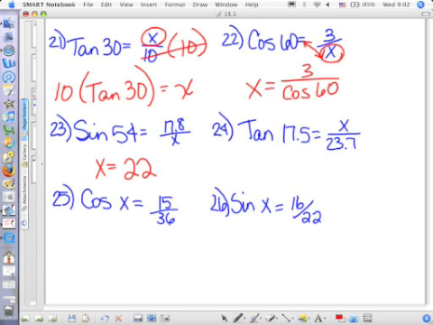Calculate number 24. You should get 7.5. If you're not getting that, you need to ask me why. It may mean you're not putting things in the right order. Calculate number 25, which we just did a bunch of these.